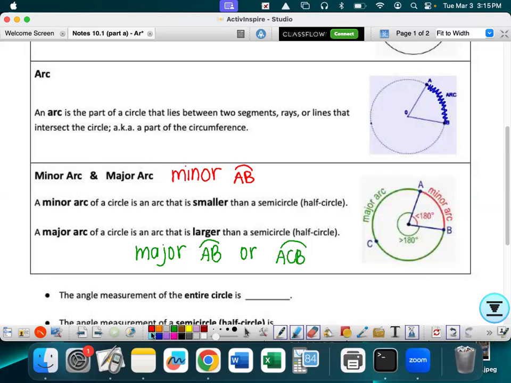So if you want to write yourself a note here for the minor arc, if you don't say minor, it's still assumed to be arc AB. So I wrote, or just arc AB, we will default to the minor arc.